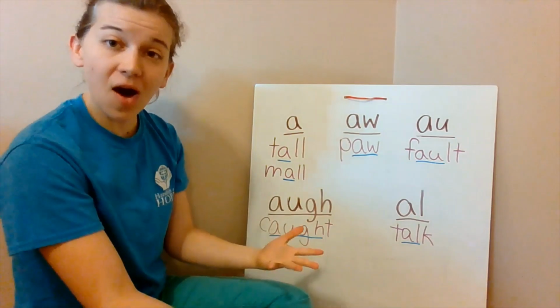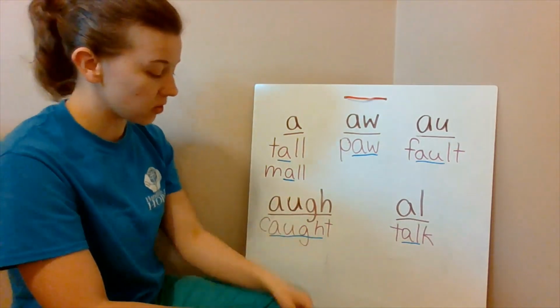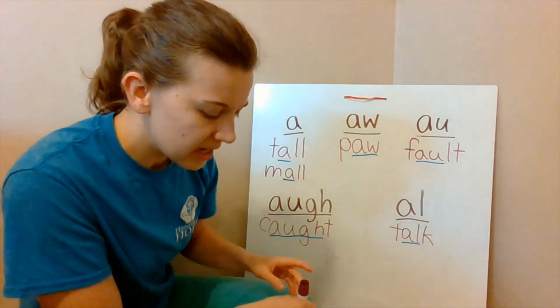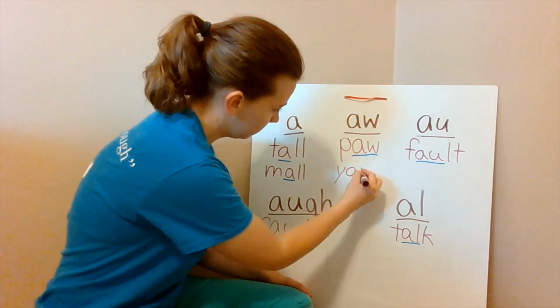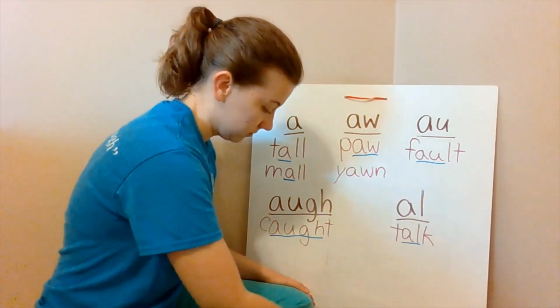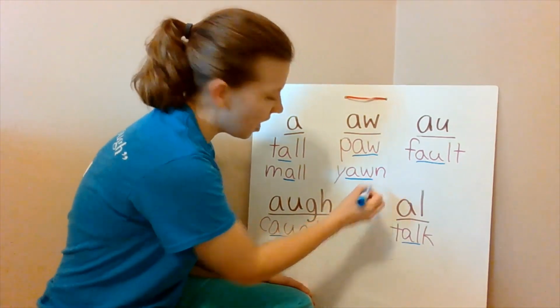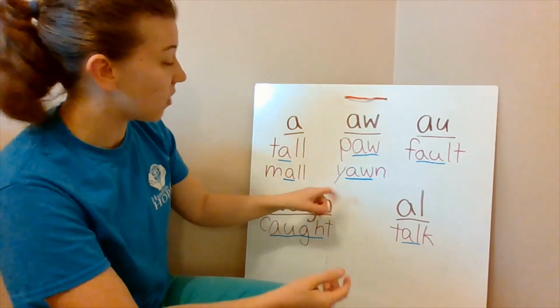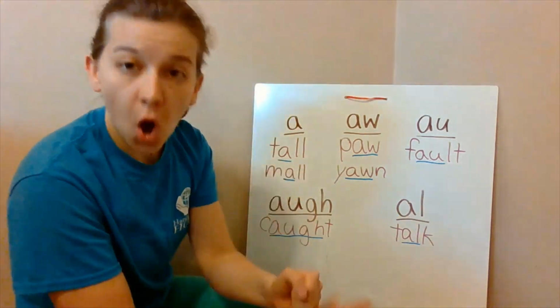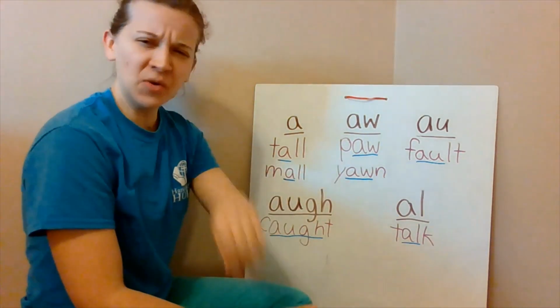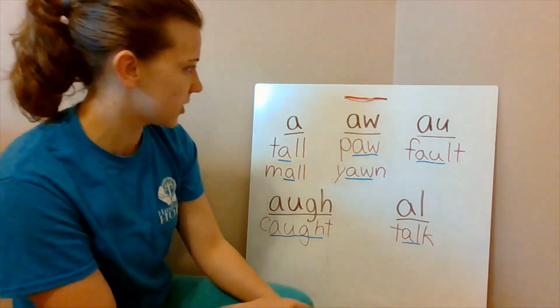Mall. Mall. There you go, good. So going to the mall. All right, how about another one? There we go. Underline the A-W so we know. Here we go. Y-aw-n. Yawn. We all know that, right? Yawn. We yawn when we're tired.